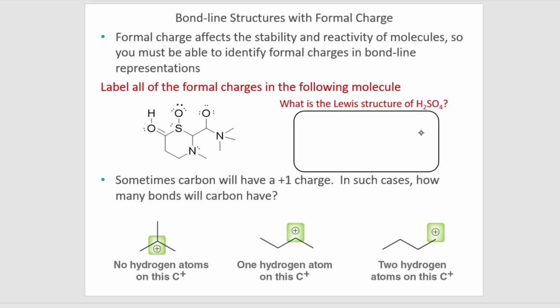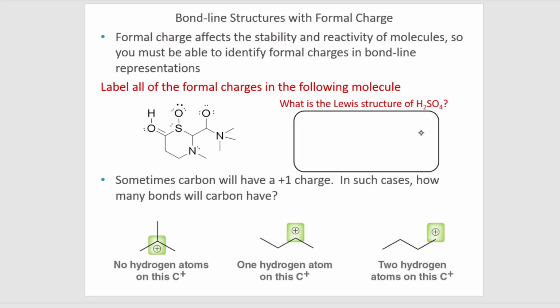So formal charge does affect the stability and the reactivity of molecules. So you must be able to identify formal charges in bond line representations. So I'd like for you to get used to seeing the elephant in the room. Here is a molecule where I've drawn the appropriate lone pairs and bonds, but I have forgotten to put the charges where applicable into the molecule.